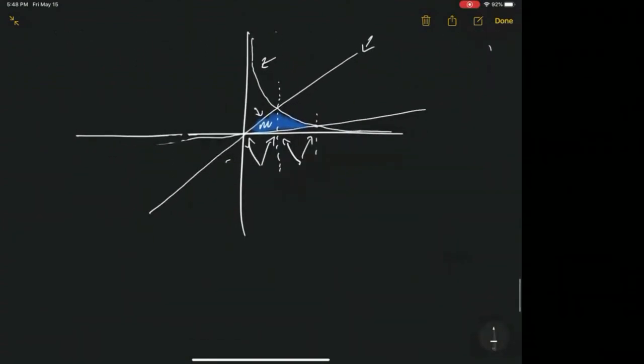So to integrate this left piece, what curves do I need to deal with? I need to find where this curve intersects with this curve. That'll give me this point. And then I need to find where this curve intersects with this curve.